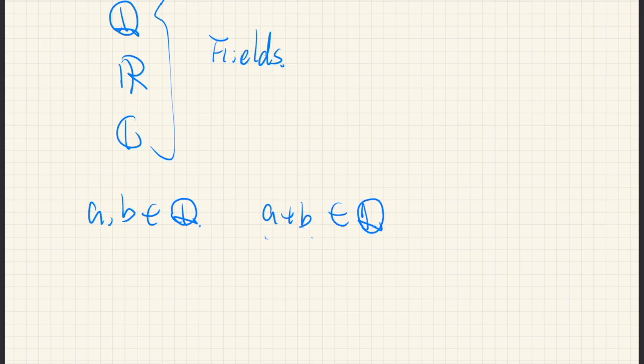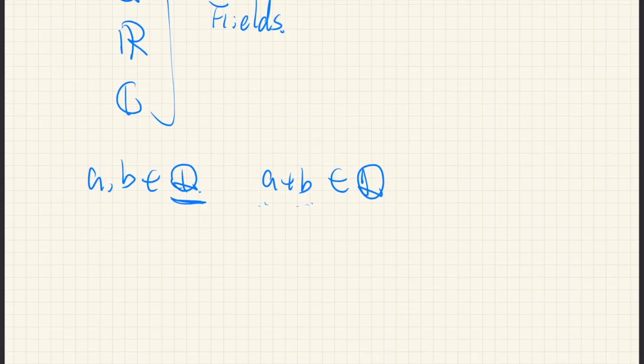It cannot be irrational. So the set of rational numbers, Q, is closed under addition. And commutativity, associativity, the existence of zero, and the existence of additive inverse are all obvious.